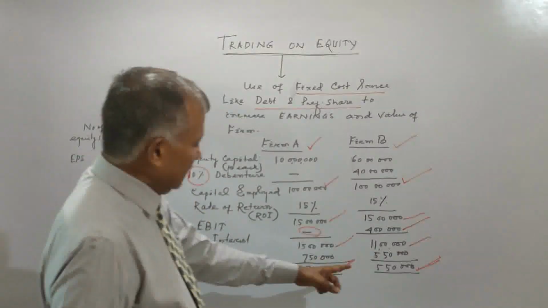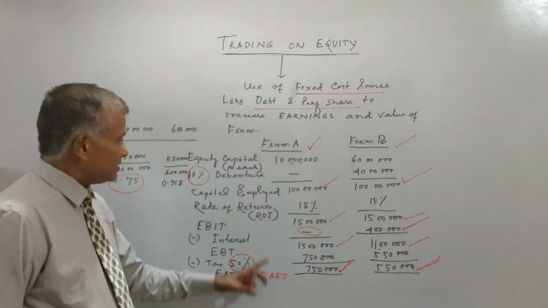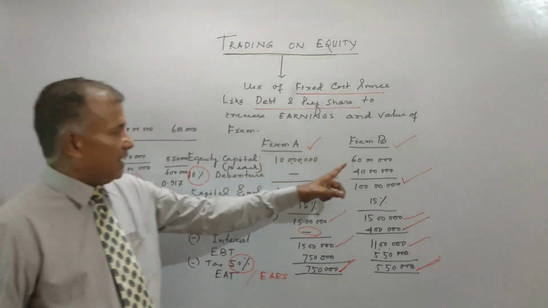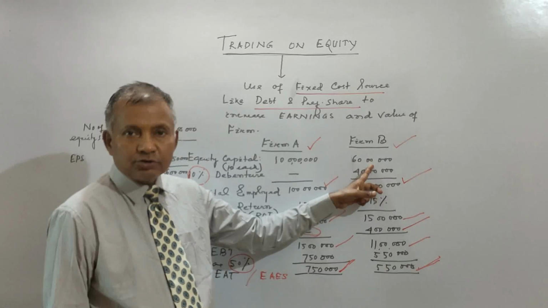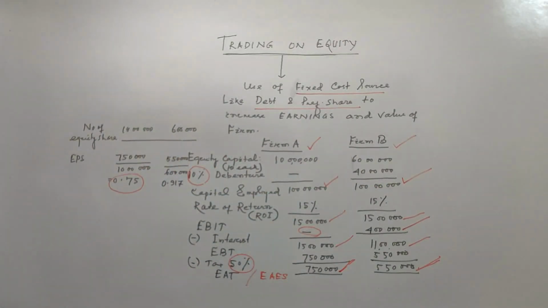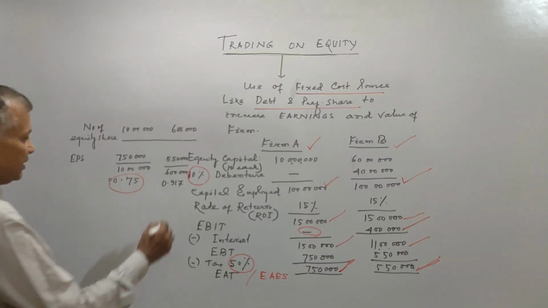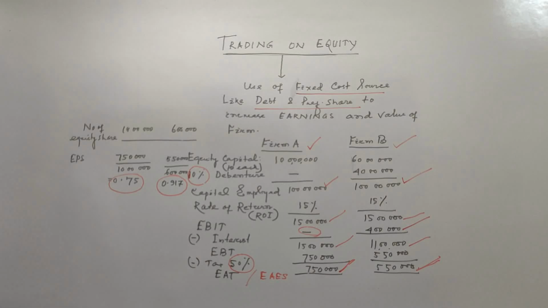Similarly, 5 lakh 50,000 is the earnings and the number of equity shares is 6 lakh, and if we divide, it comes to 0.917.